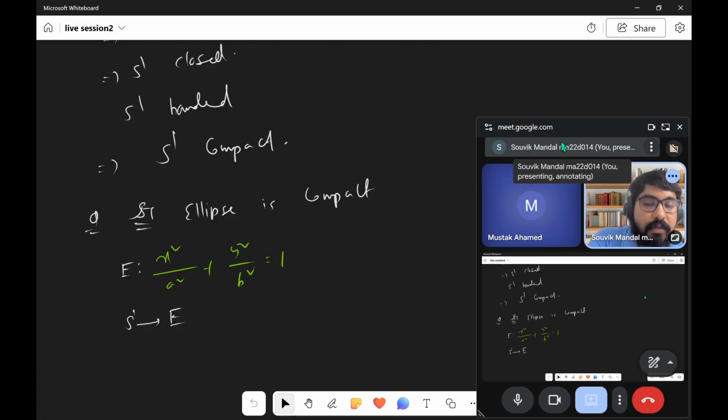Are you able to figure out what the map between the circle and the ellipse will be?